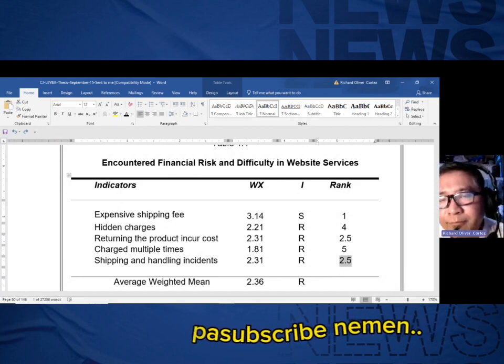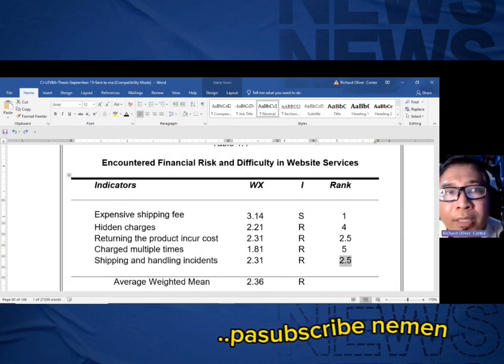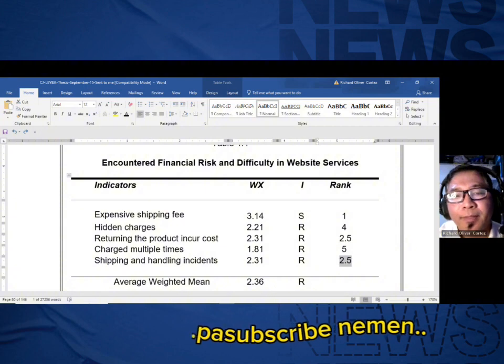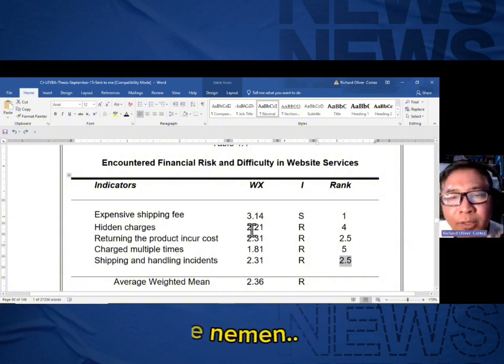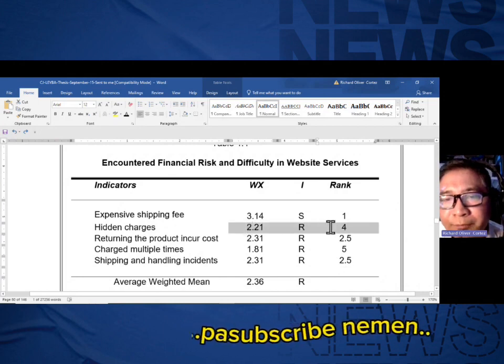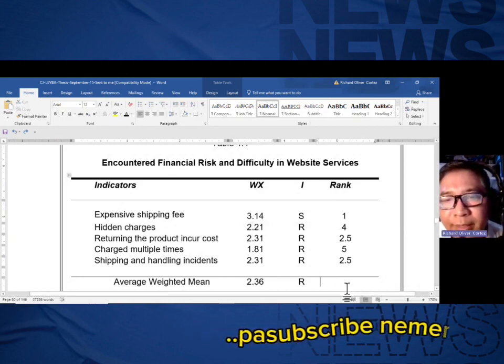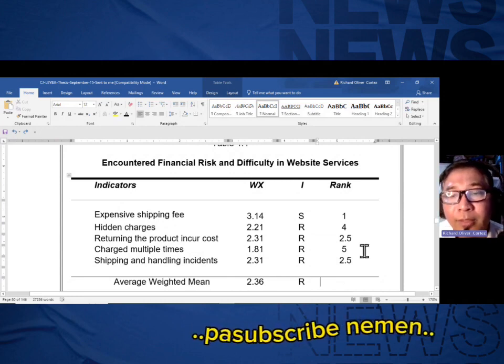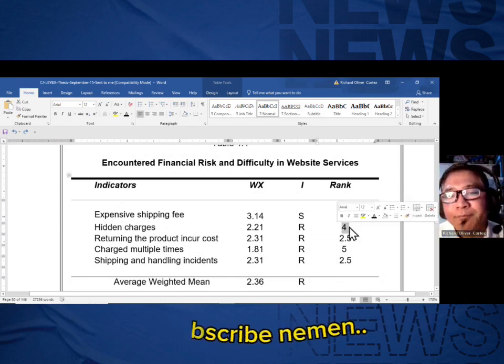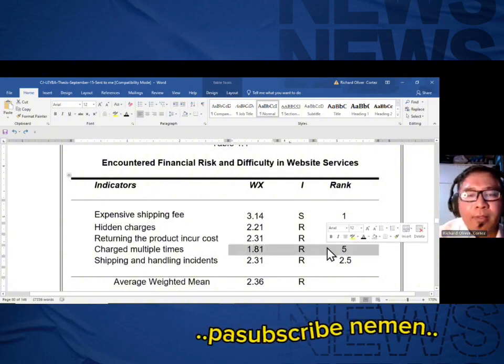Then, we already used the ranking 2 and 3. Ang sunod na ranking ay yung 4 na. That is why your 2.21 should be ranked as 4, not 3. Kasi nagamit na natin yung 2 and 3. So, ang natitira ay 4. And 1.81 should be your rank 5.